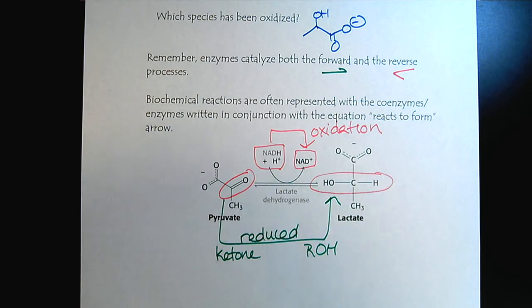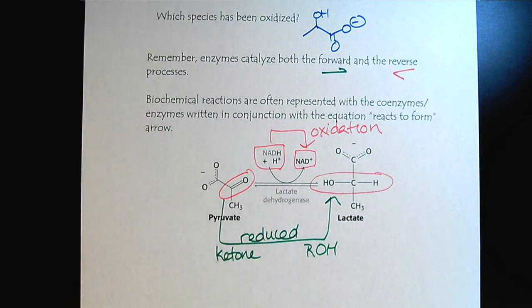So the main point here was to just keep our minds open that the reactions can happen both forwards or backwards depending on what's going on within our body and what the needs are. And so the coenzymes are there, in whichever form is needed, to support the oxidation-reduction reaction.